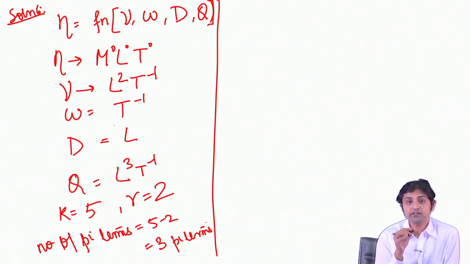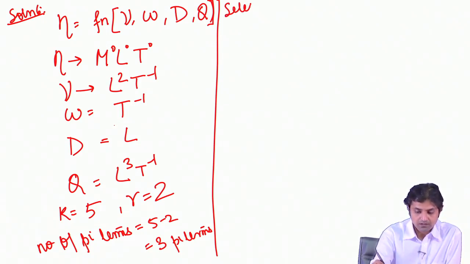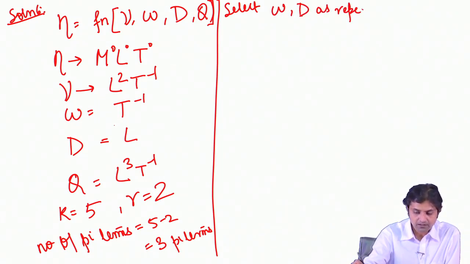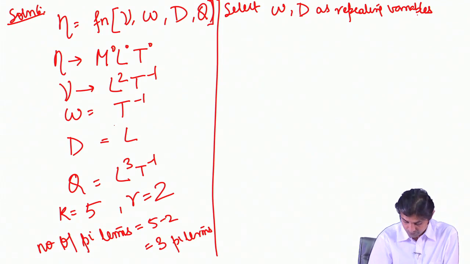The number of repeating variables should be the same as R. So, we are selecting omega and d as repeating variables.